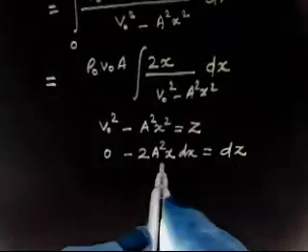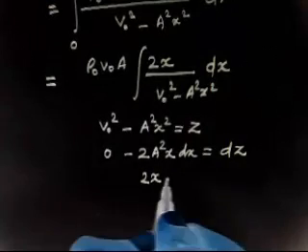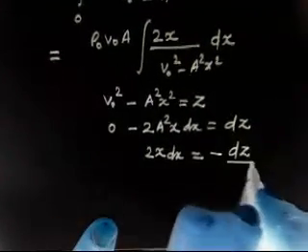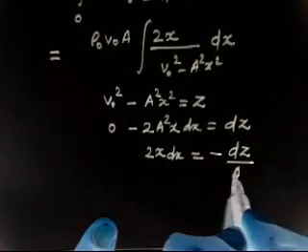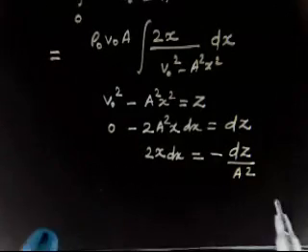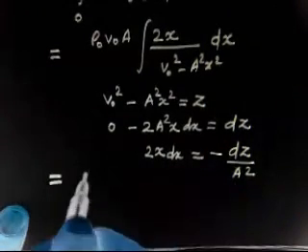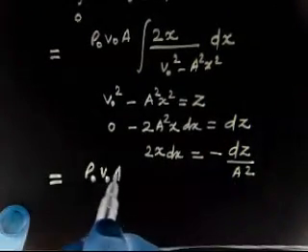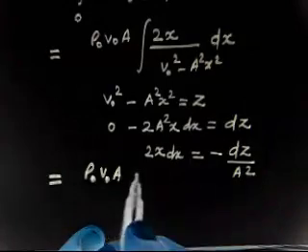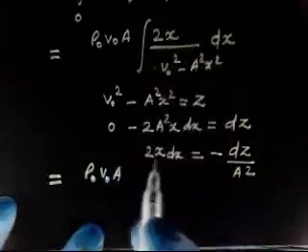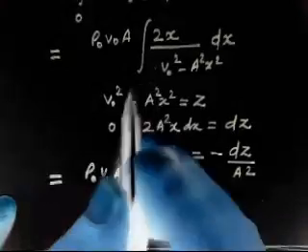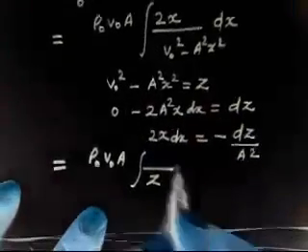So you see, you already have 2x dx. So I can write 2x dx is equal to minus dz divided by a square. Are you getting? If I plug here, I will have p naught v naught a divided by z, where z is v naught square minus a square x square, and 2x dx is minus dz by a square.